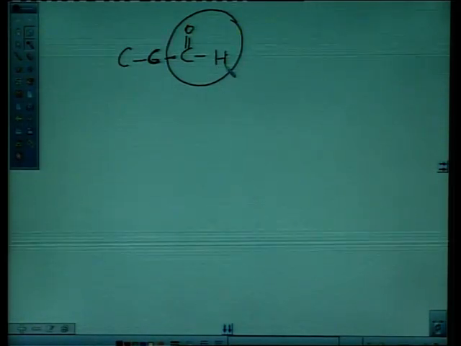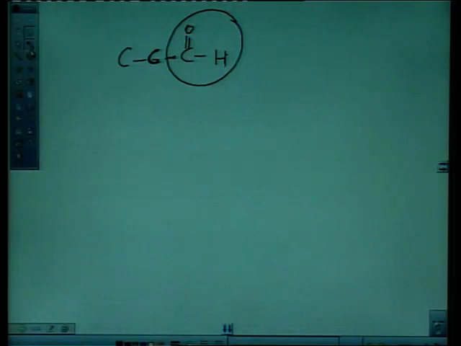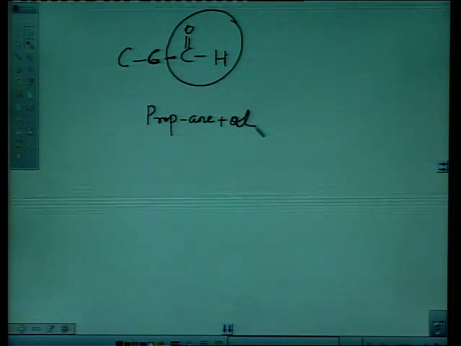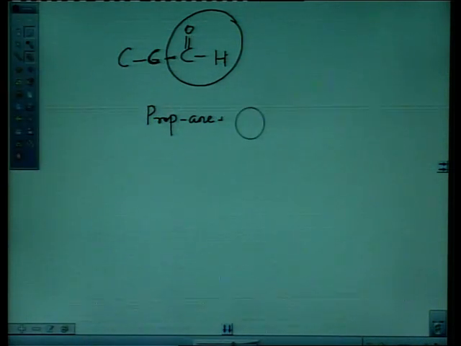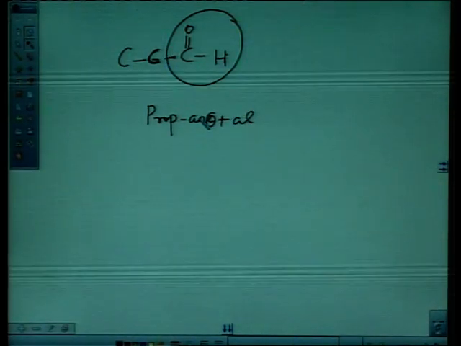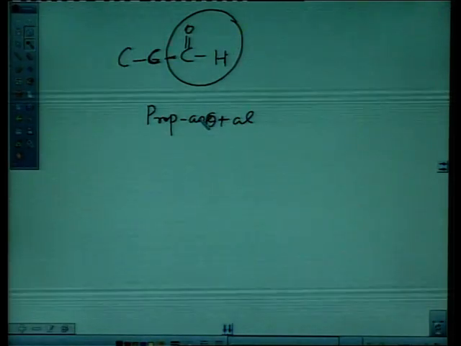The functional group is aldehyde, and for 3 carbon the name is prop plus ane plus ol. The e of ane is omitted and the name is made propanol. Okay.